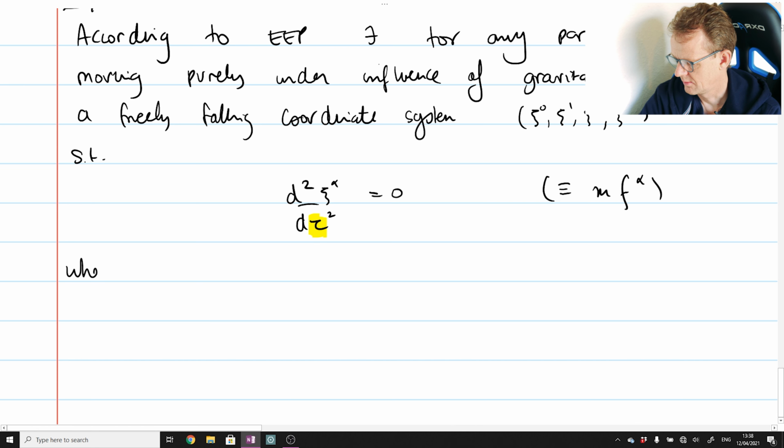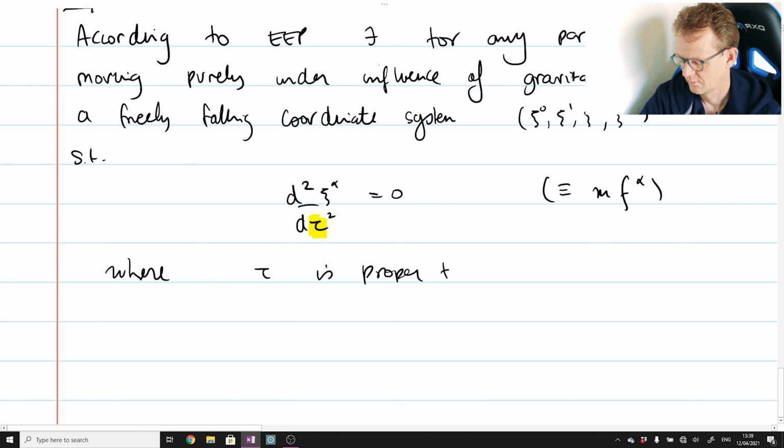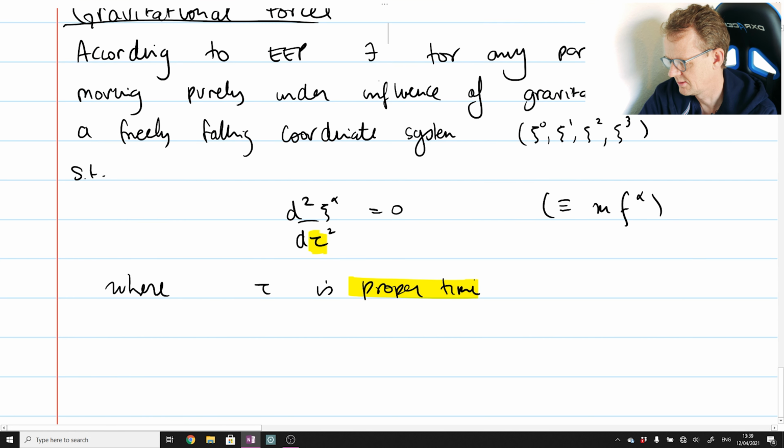So we've got some new symbols here, where tau is a new symbol. This is the proper time, right? Okay, go and revise the proper time. You've seen it before in just about any special relativity course.